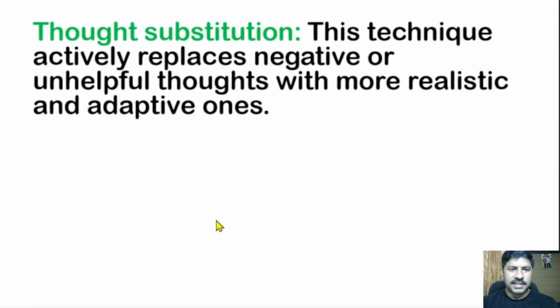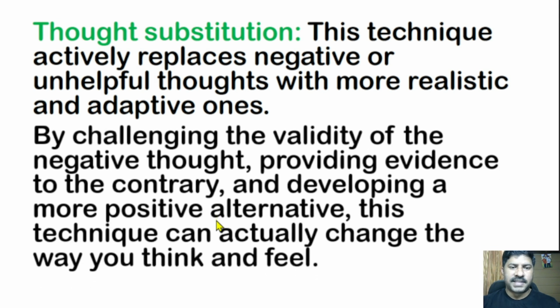Thought substitution is a more effective technique to stop unwanted thoughts. The technique actively replaces negative or unhelpful thoughts with more realistic and adaptive ones. By challenging the validity of the negative thoughts, providing evidence to the contrary, and developing a more positive alternative, this technique can actually change the way you think and feel.